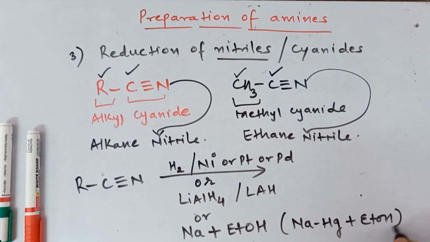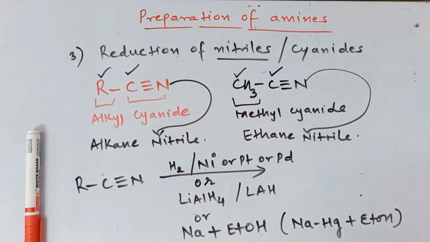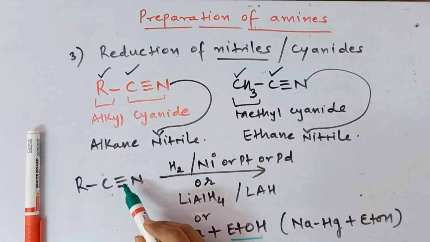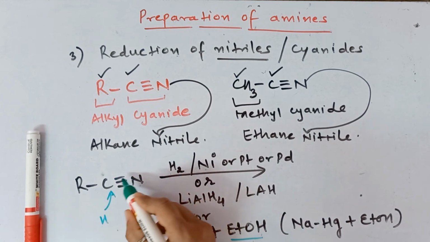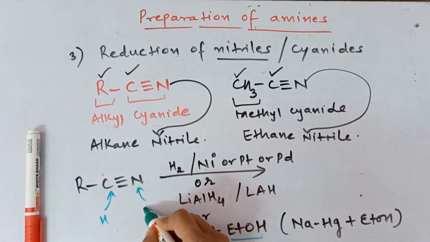So all these are the common reducing agents, children, but frankly speaking, any of these can be given in the exam, and by looking at the reagent itself you should understand that they are talking about reduction. For example, here we have sodium and alcohol, so hydrogen gas is going to be released. So hydrogen is going to be used for reduction of these compounds, cyanides. Now we have a triple bond, so for each bond we add two hydrogens.